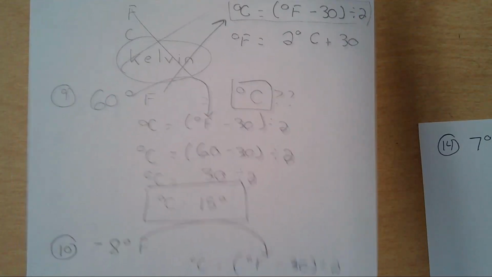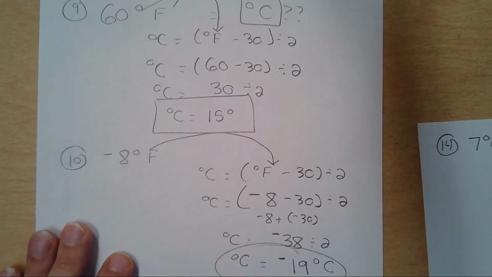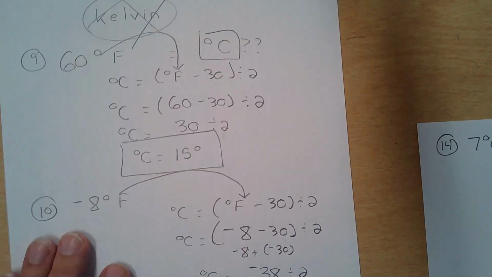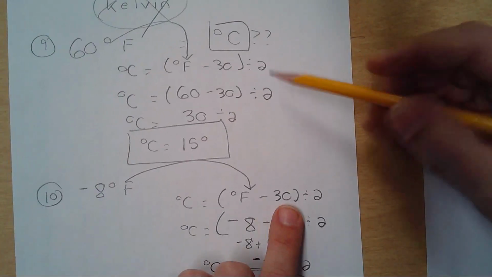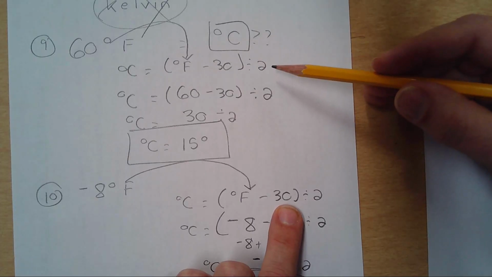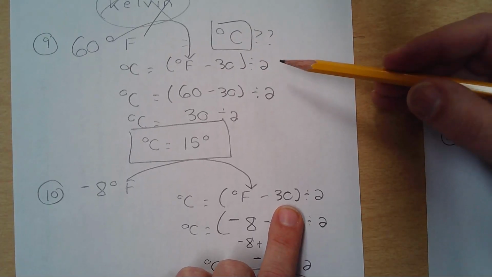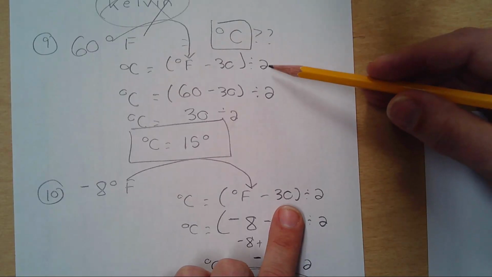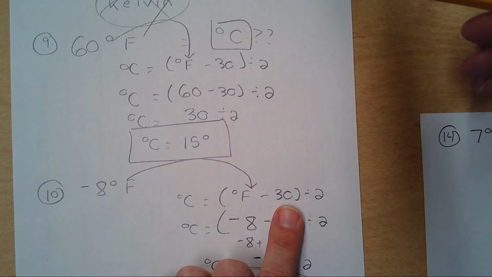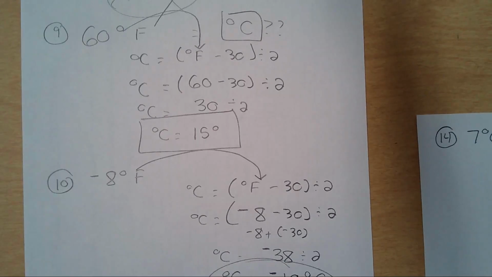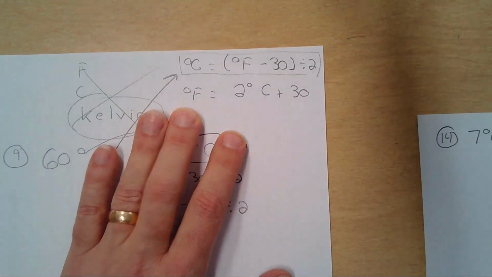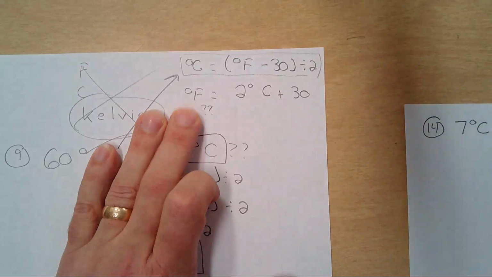So here's what we just did. We had a couple Fahrenheits to Celsius. We applied the same formula both times because we were solving for the same thing. We're trying to figure out what it is in Celsius. So, as you would probably expect, we need to use the other formula now, because what are we trying to figure out? Well, this is what I'm trying to figure out, my degrees Fahrenheit.